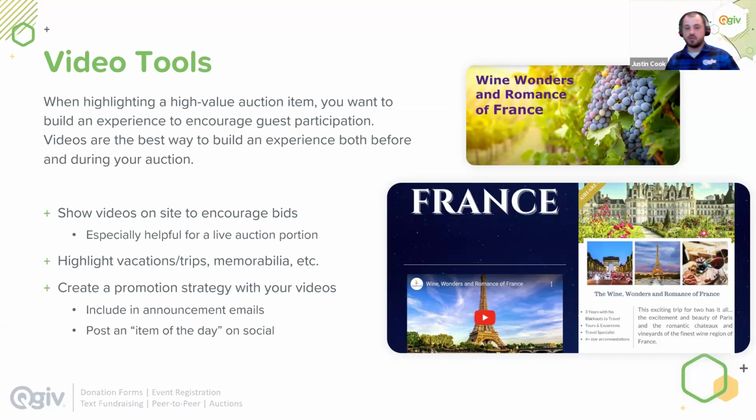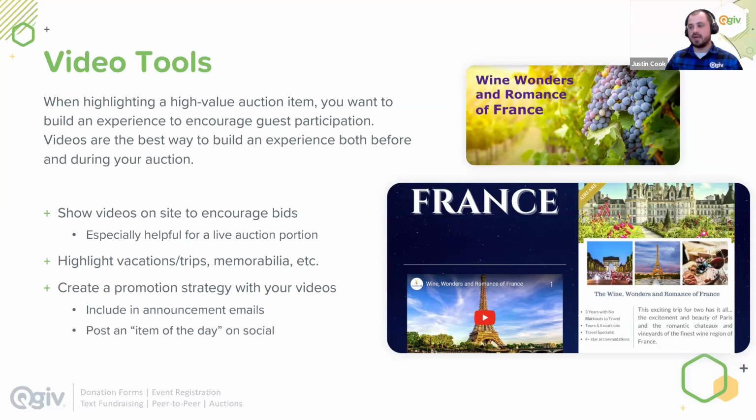You can additionally as well, when using these types of videos, use them in all of your general promotional strategy that you have going on. Everything that you're looking to do to promote your auction event and get more registrants to attend and to start bidding, videos are a great way. And something that we've actually seen other organizations do is add it in their announcement emails.